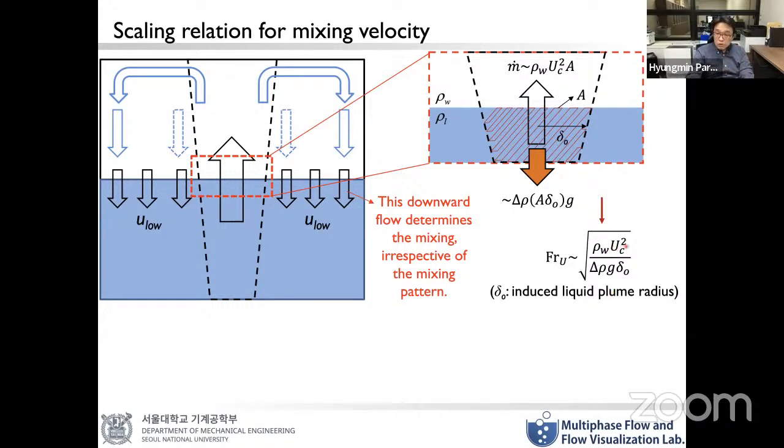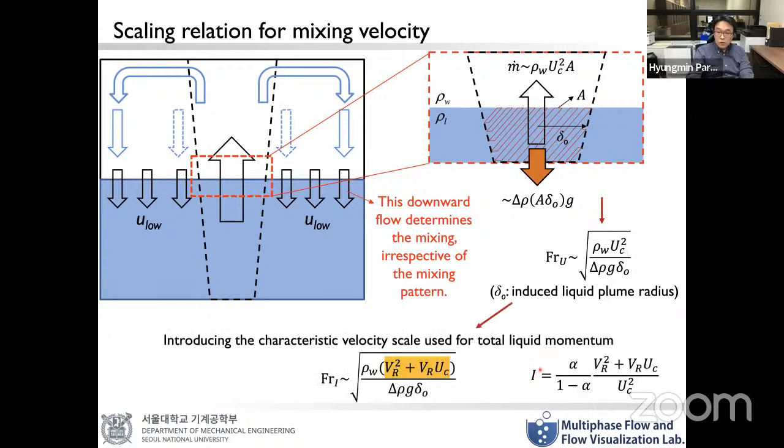But here we have the square of the UC, which is the velocity scale. And if you remember, for the interfacial momentum transfer I, we used these velocity scales with relative bubble velocity and UC.